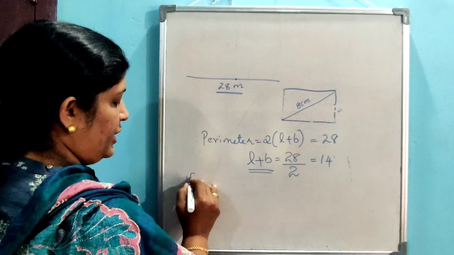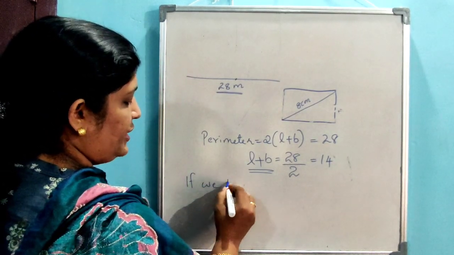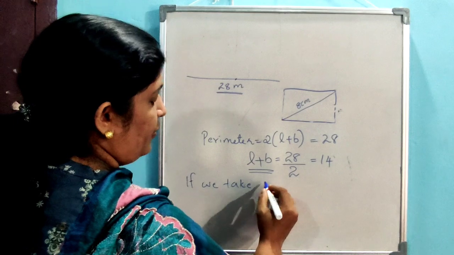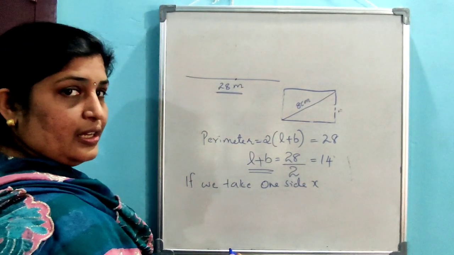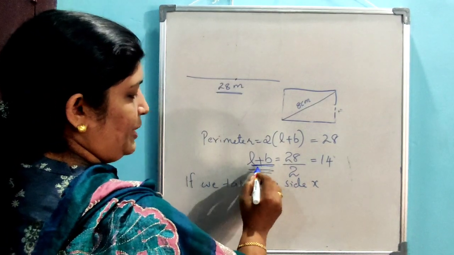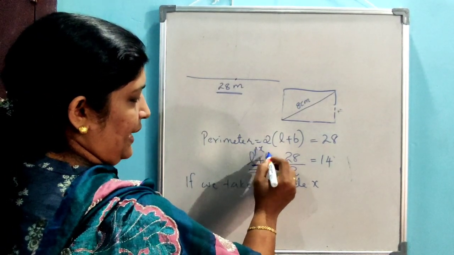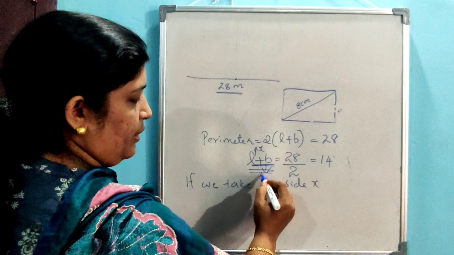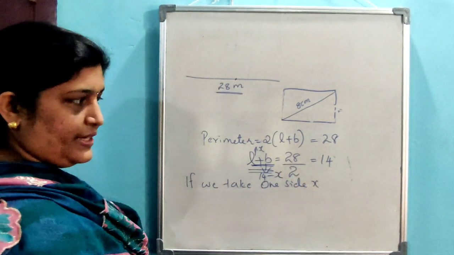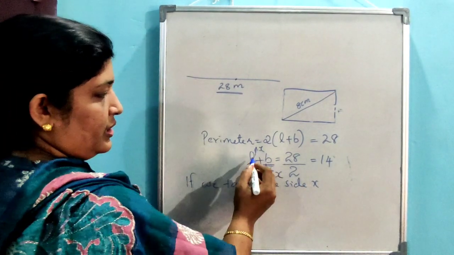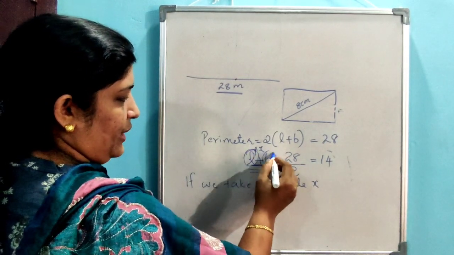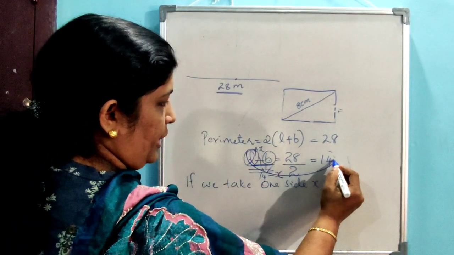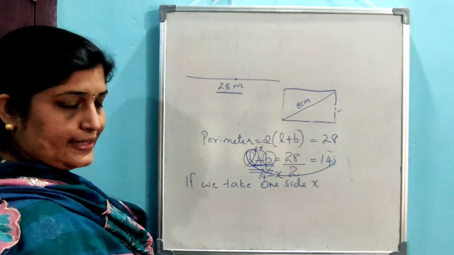So if we take one side as x, if we take this length as x, then what is the breadth? Breadth is equal to 14 minus x. The sum of these two is equal to 14, and if this one is x, the second one is 14 minus x.